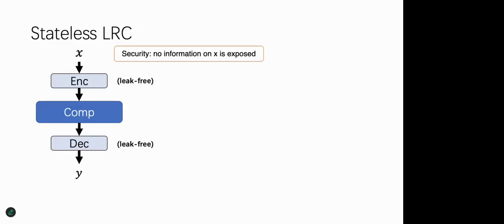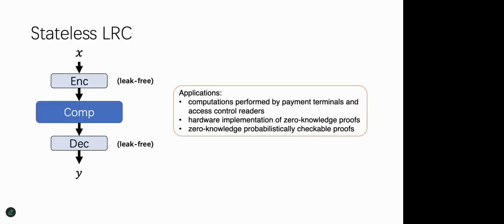Its security guarantees that no information on X is exposed in the presence of leakage. Stateless LRC has many applications, such as computations performed by payment terminals and also implementation of zero-knowledge proofs.